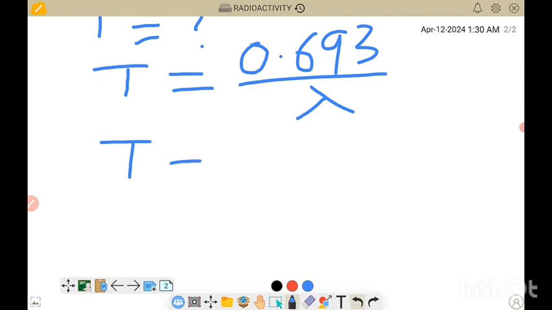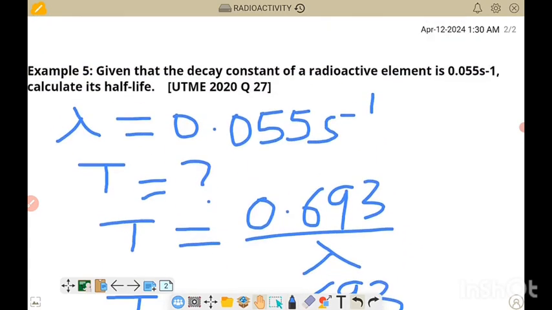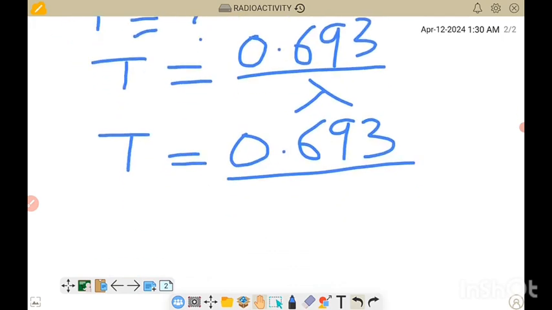If that is the case, we can easily find our half-life by saying half-life will be equal to 0.693 over the value of the decay constant given to us in the question, which is 0.055.